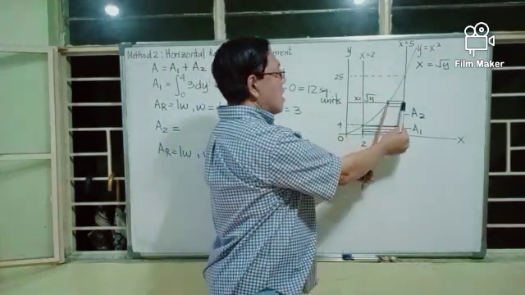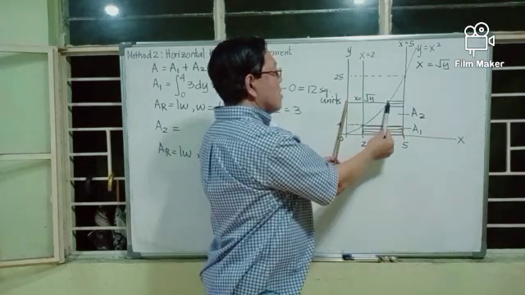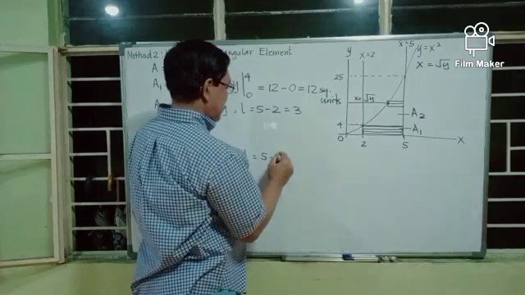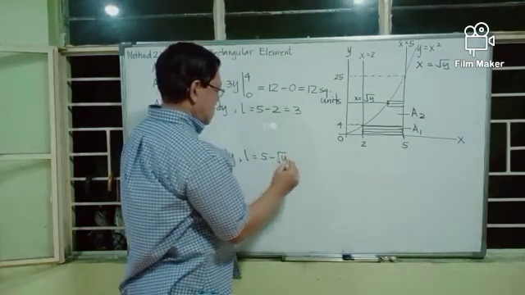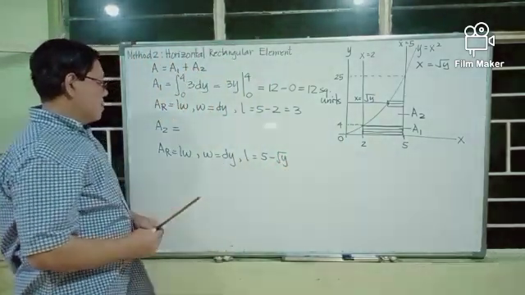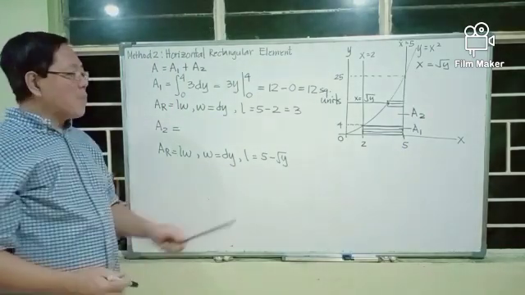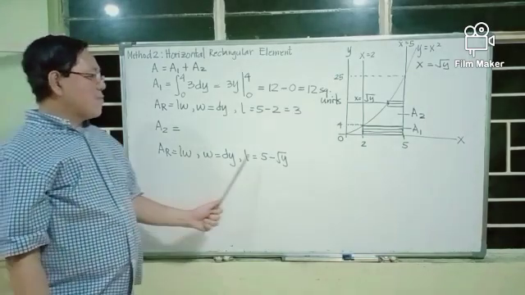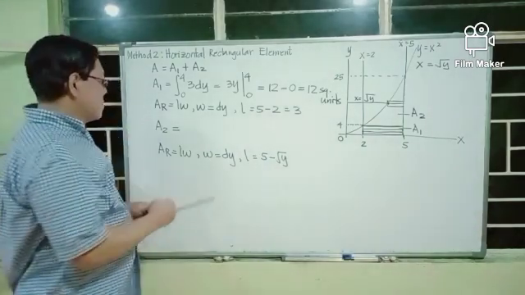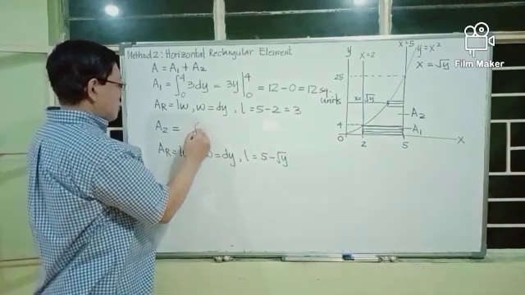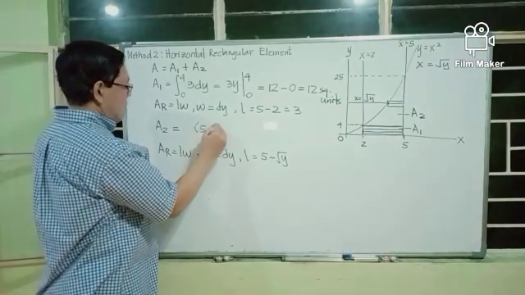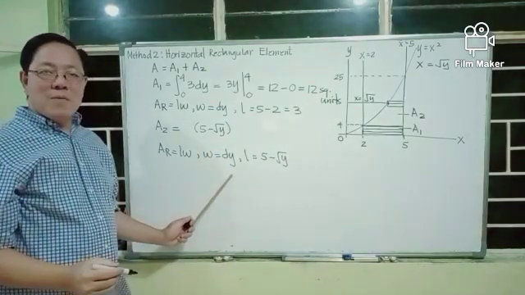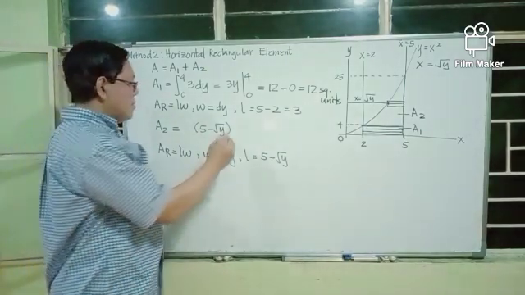So the length of this rectangle is 5 minus square root of y. And the area of this rectangular element is now length multiplied by width: 5 minus square root of y, multiplied by the width, the differential of y, or dy.